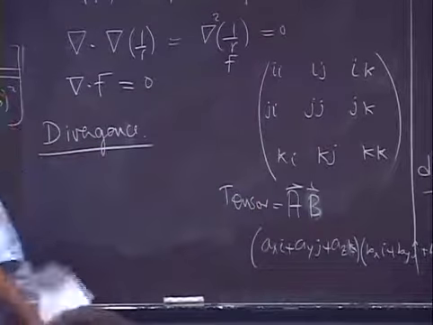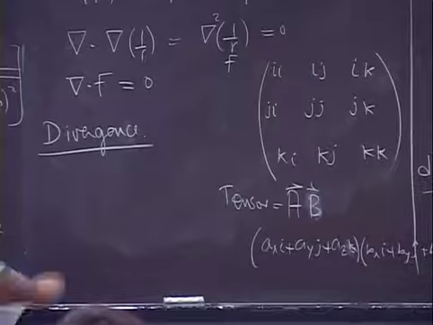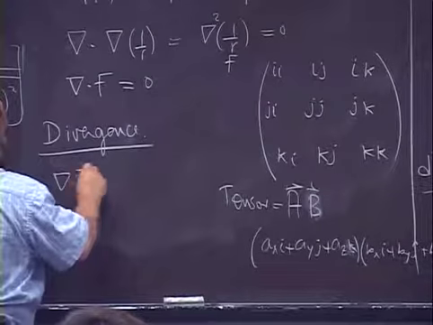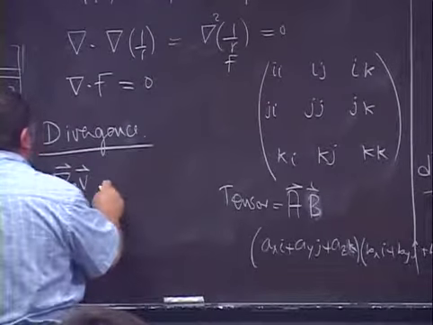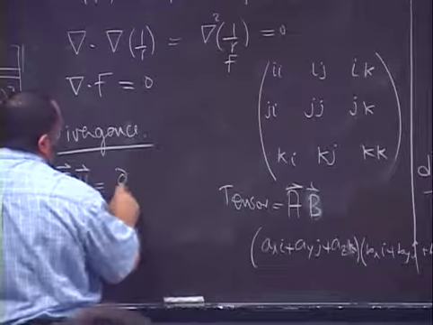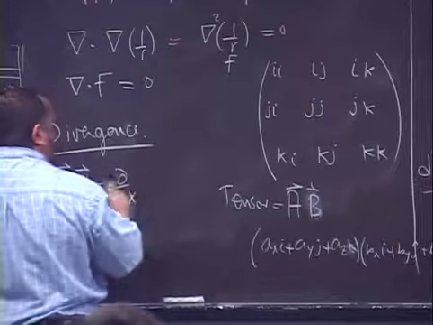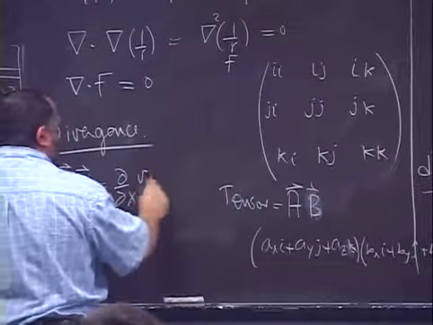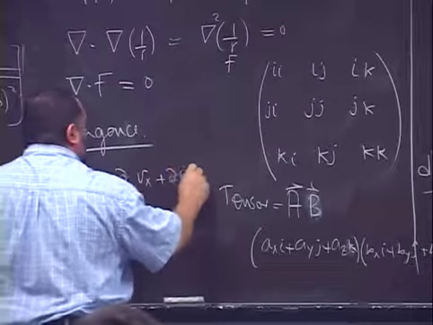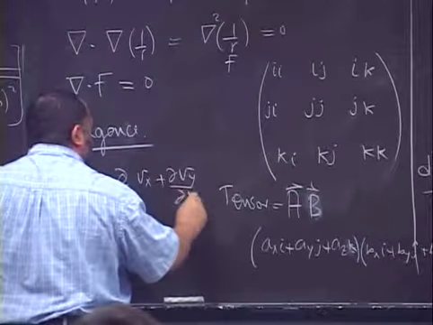in nine components. So the definition of divergence is just divergence of V is equal to d by dx of the component of V, Vx, plus dV by dy, Vy.